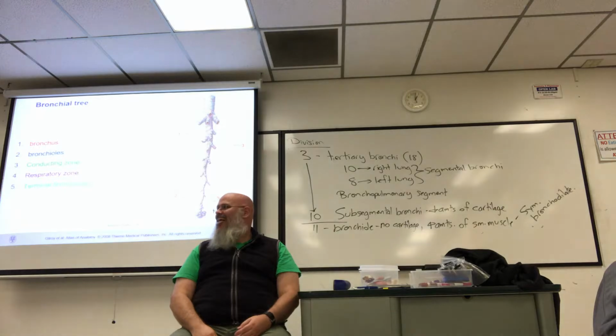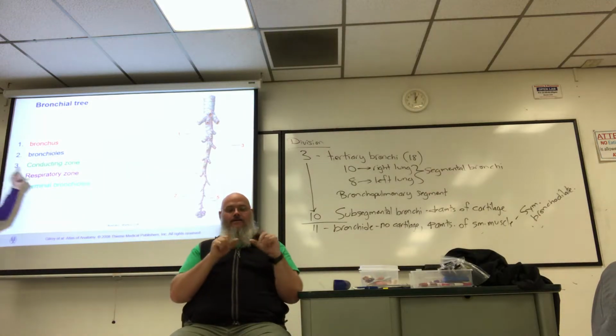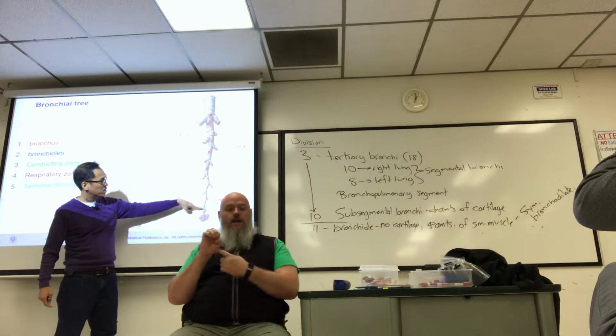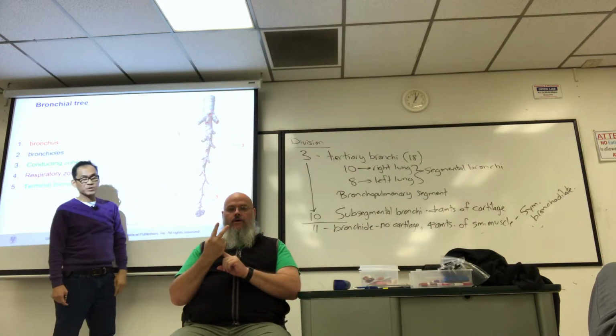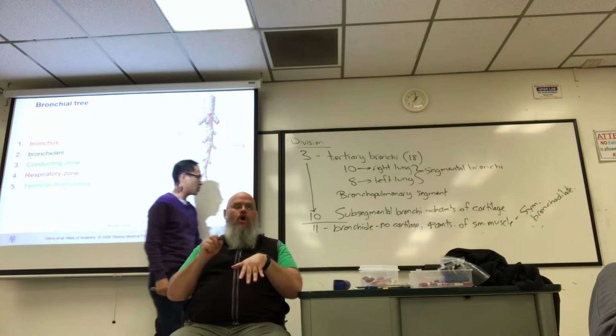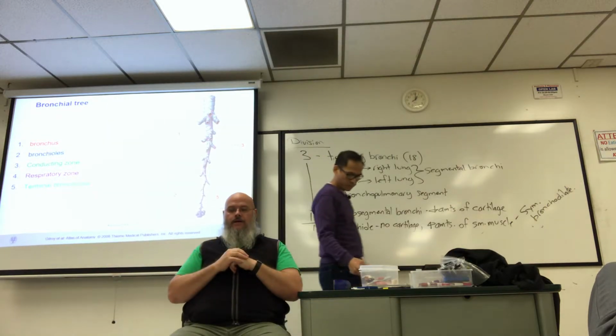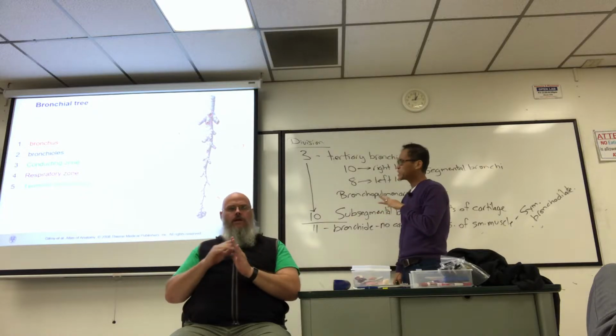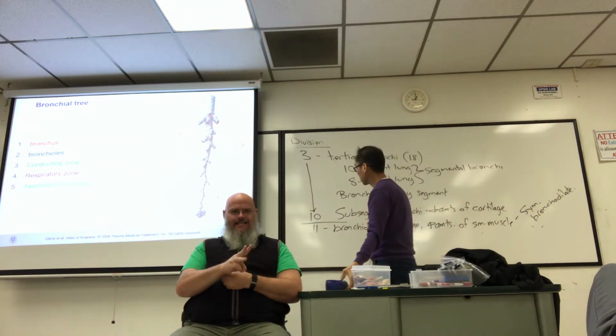So on the slide, bronchioles, number 2, notice from here on out, there's no cartilage. Okay, that's what I want you to notice. There's a few orders of branching for the bronchioles. It's like 11 to 16. So let's start at the top again.